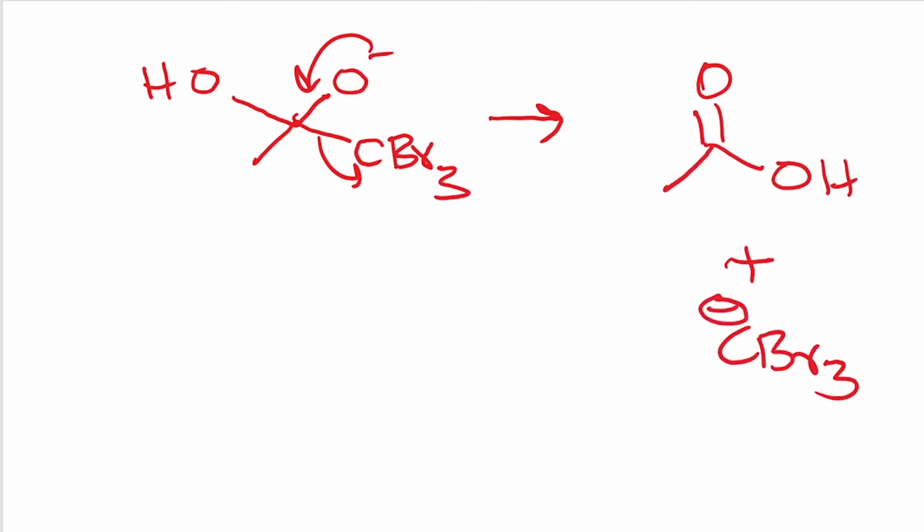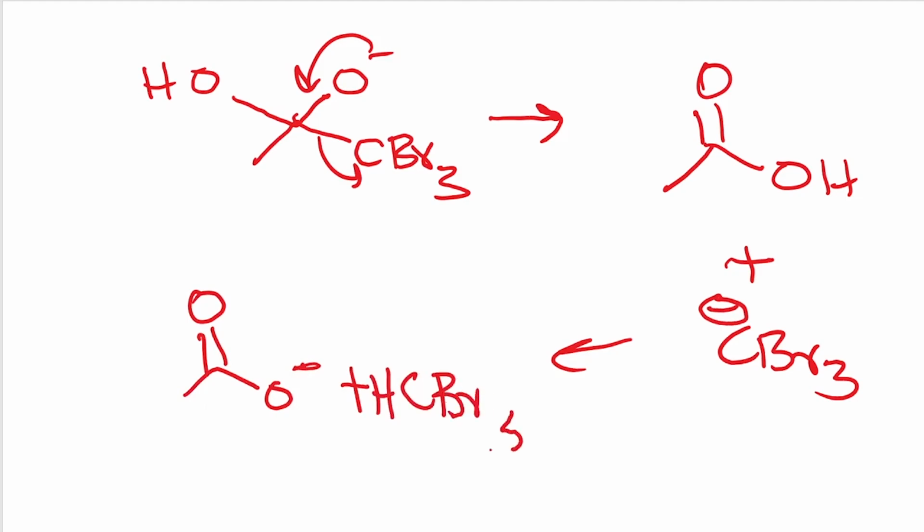Now, of course, the pKa difference between these two is substantial. This is about 4 to 5, and this is about 9 for the conjugate acid. So this is really going to pick up a proton very quickly, and you'll form C double bond O minus plus CHBr3. Okay. So this is what is known as the bromoform reaction.